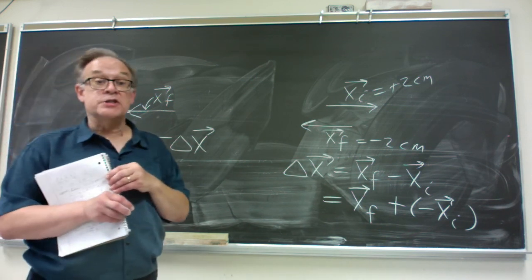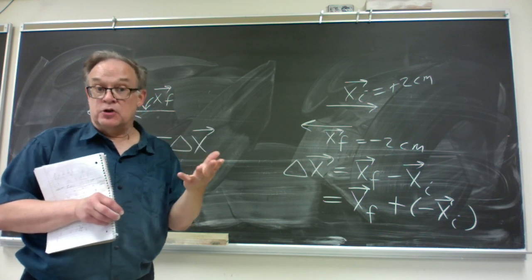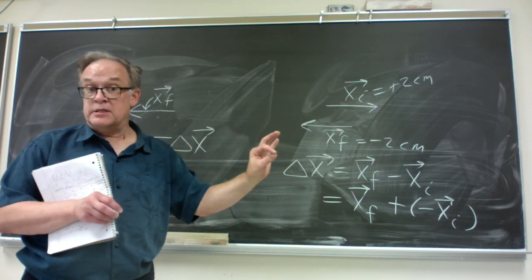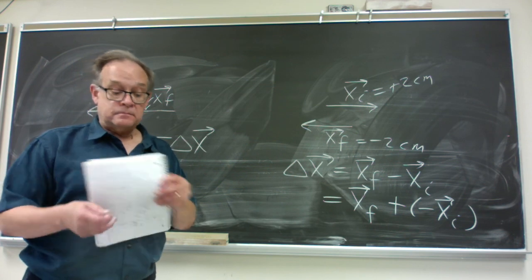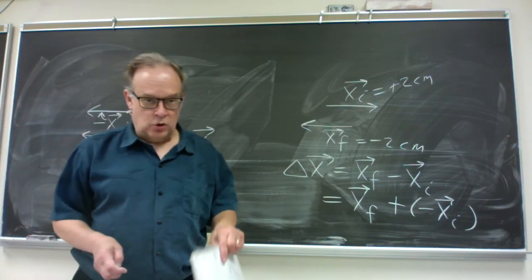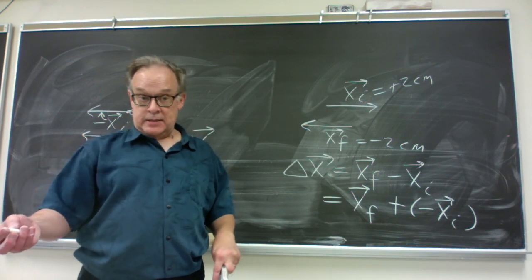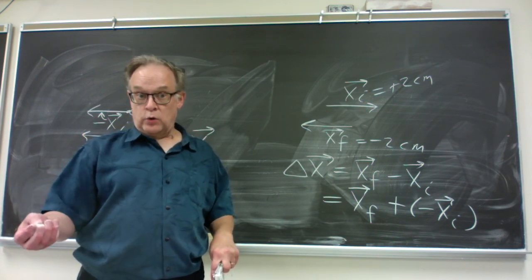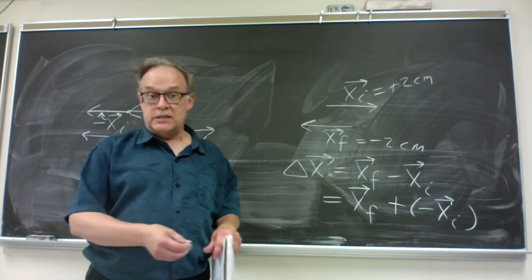Just another way of getting to the conclusion that we had already seen earlier. Okay, that's the basic idea, and we'll work with some of that in the next class.